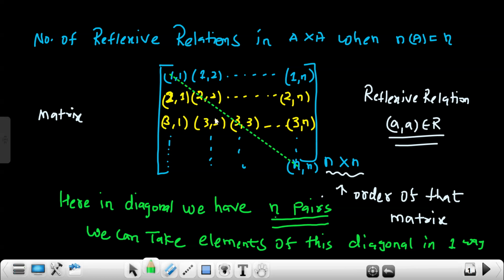Now, other than that, we have the upper triangular matrix and the lower triangular matrix. This is called lower, this is called upper. So there are some elements, right? (2,1), (1,2), (3,1), (1,3), like this. For these elements, we have two choices, either to take it or not to take it.